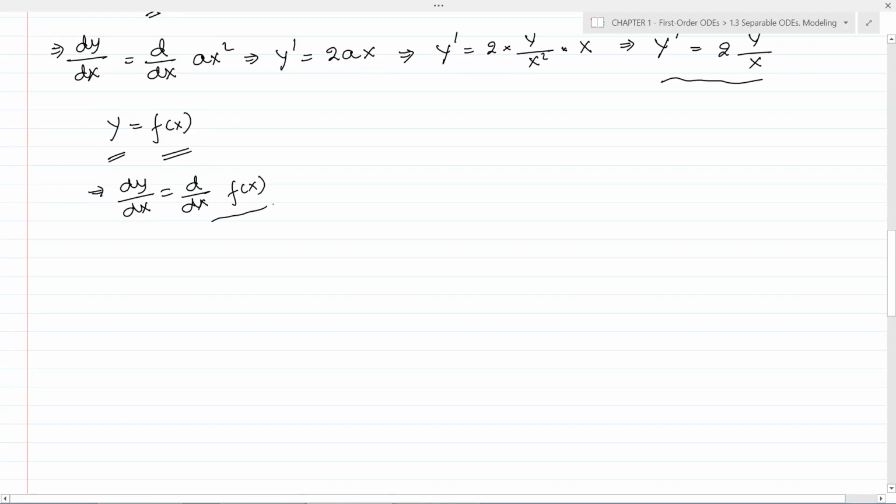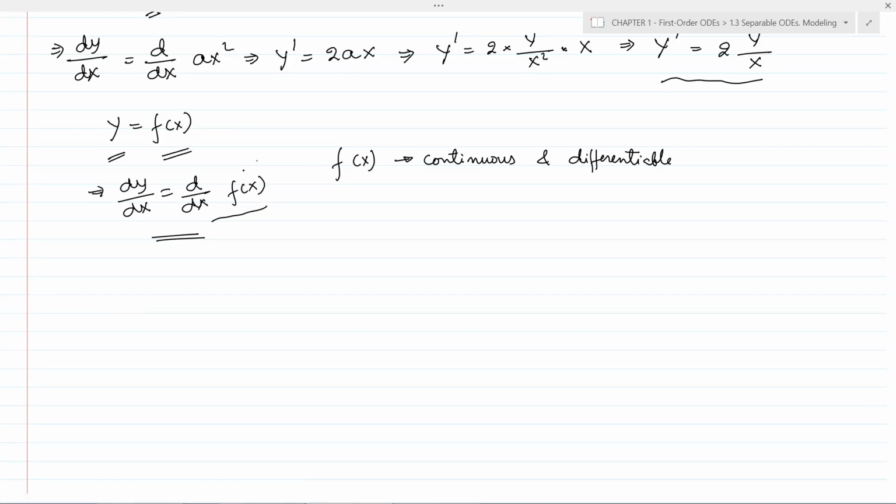However, we can find this derivative only if f of x is continuous and differentiable. So for any family of curves to have a differential equation, the function f of x should be continuous and differentiable. Only then an ordinary differential equation will exist for a family of curves.